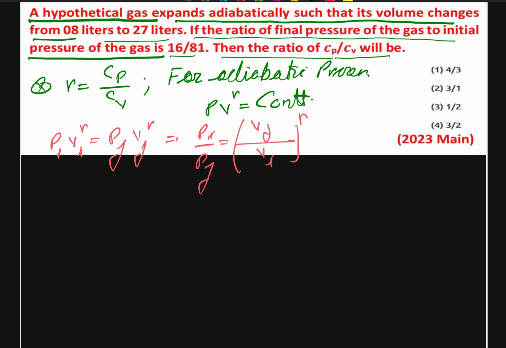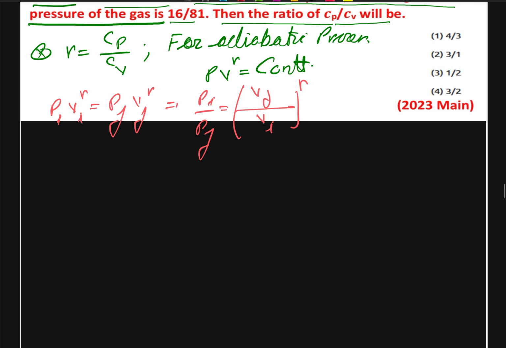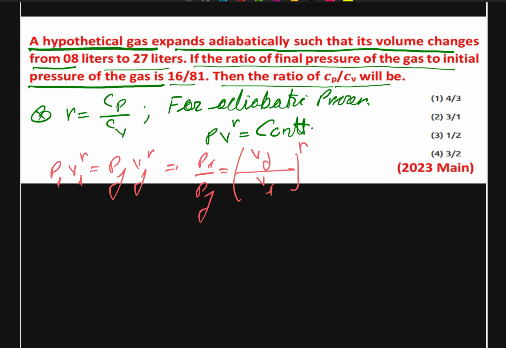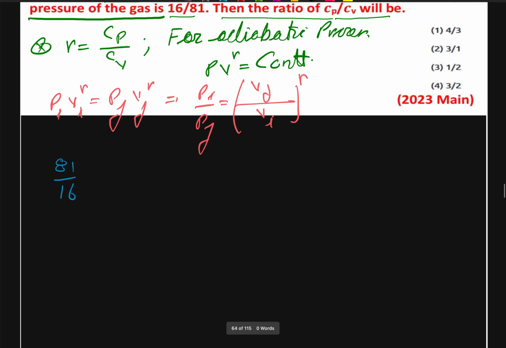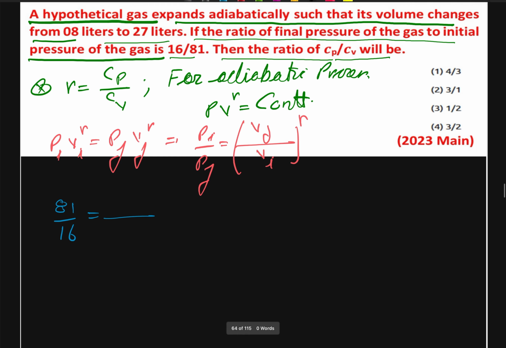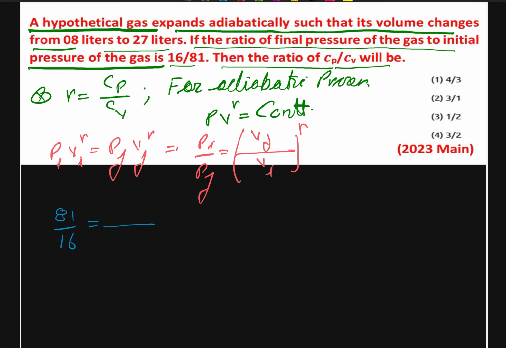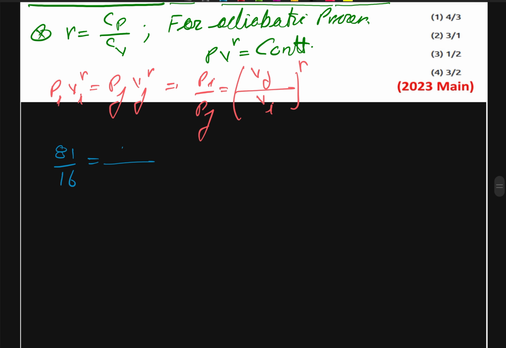We need to find out the ratio. So we have 81 upon 16 equal to 27 upon 8 whole raised to power gamma.